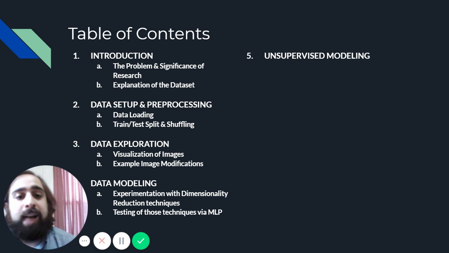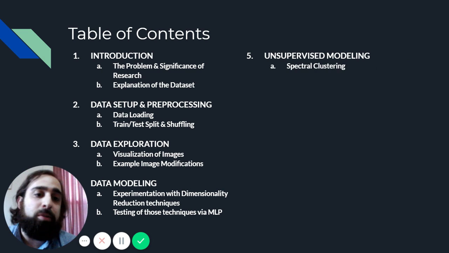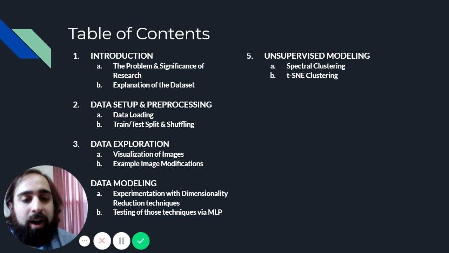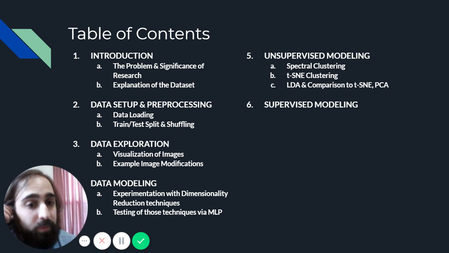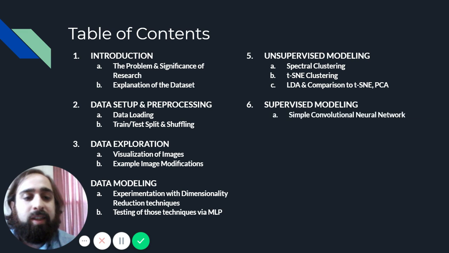Before I jump into the actual meat of the project, the supervised modeling, I want to do a little bit of unsupervised modeling analysis, spectral clustering, TSNE, and LDA, comparing that to the previous ones. For supervised modeling, again, I'm going to be focusing strictly on CNNs, and I'll explain why that is.